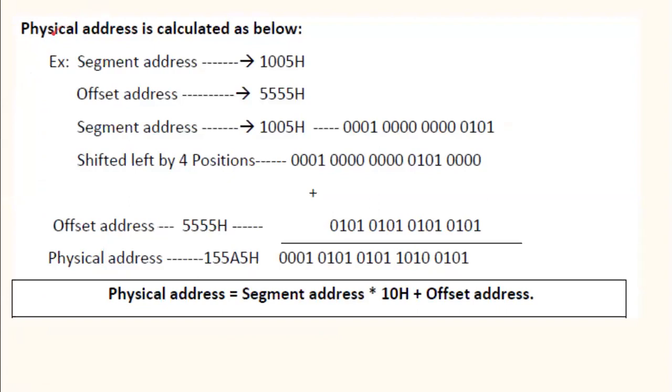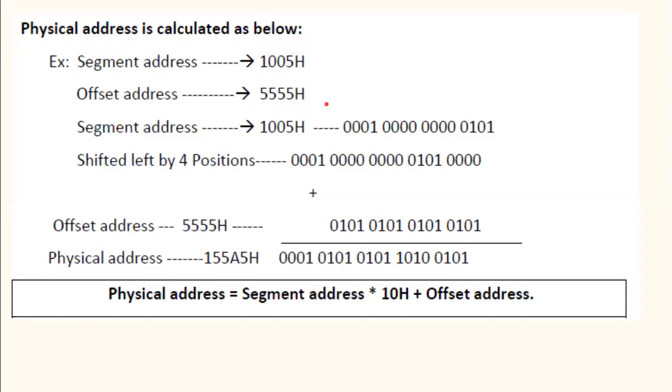This is one example of how to calculate the physical address. The physical address is a 20-bit actual address, whereas the logical addresses are the addresses which are present in the register, which are 16-bit. So if I have a segment address like this, and segment address is nothing but the higher 16 bits of the starting address, and this is the offset address.